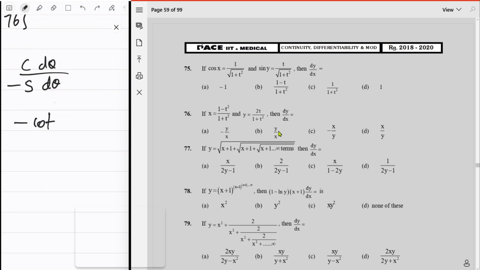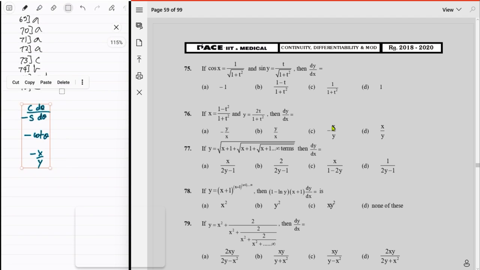You already know cosine theta is the same thing as x, and sine theta is the same thing as y. So this just really is negative x upon y. Of course. So the answer will be C.